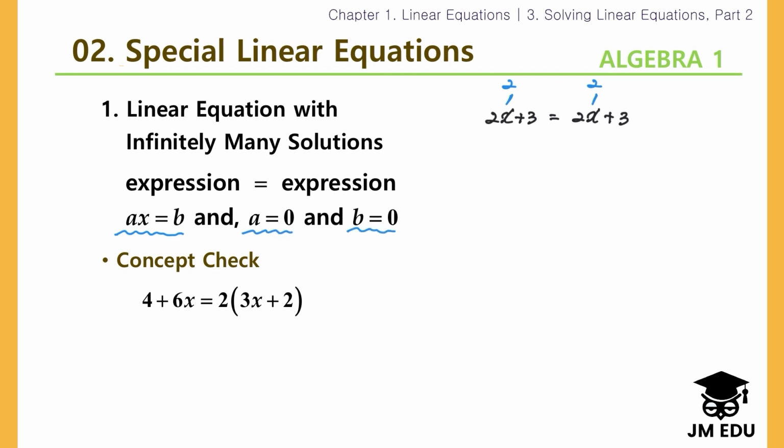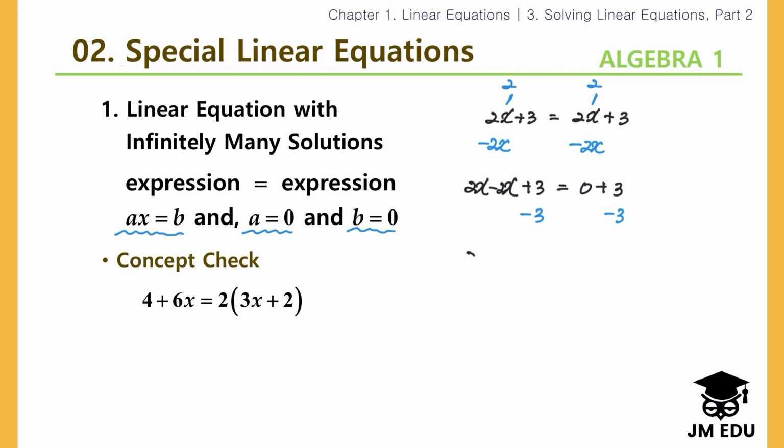Okay, let's simplify the equation. So we're going to subtract 2x each side. So 2x minus 2x plus 3 is equal to, on the right hand side, 2x minus 2x, that's 0, right? So I'm just going to write 0 plus 3. So I'm going to subtract 3 each side, minus 3 minus 3.